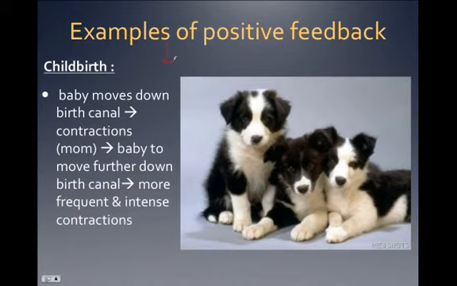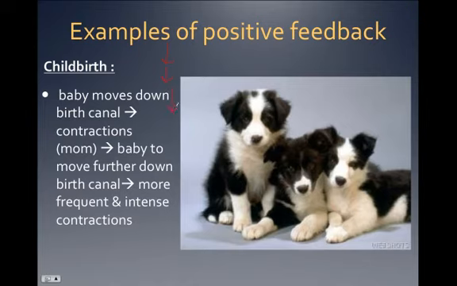As the mother's uterus contracts, it's going to push the baby even further down in the cervix, or further down in the birth canal. We're going to push the baby even further down the birth canal, causing even more intense uterine contractions, causing the baby to move even farther down the birth canal.